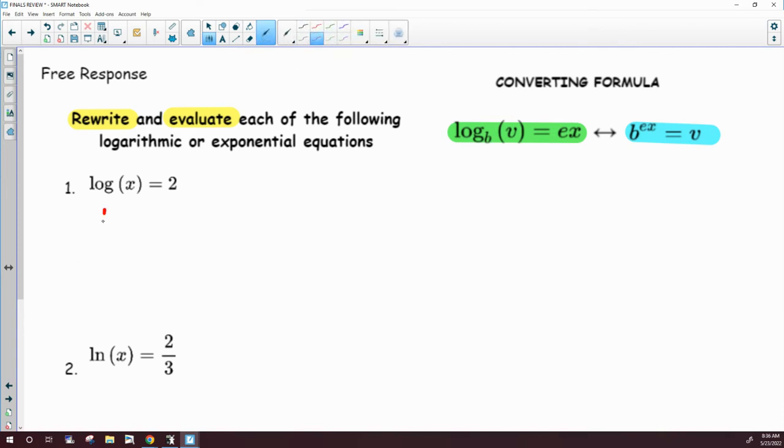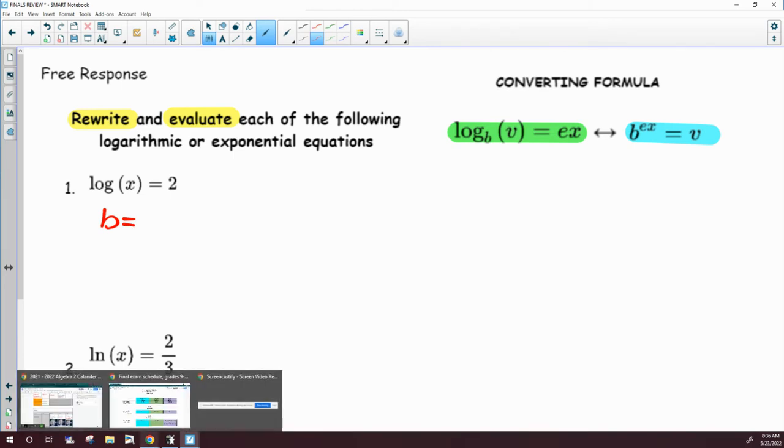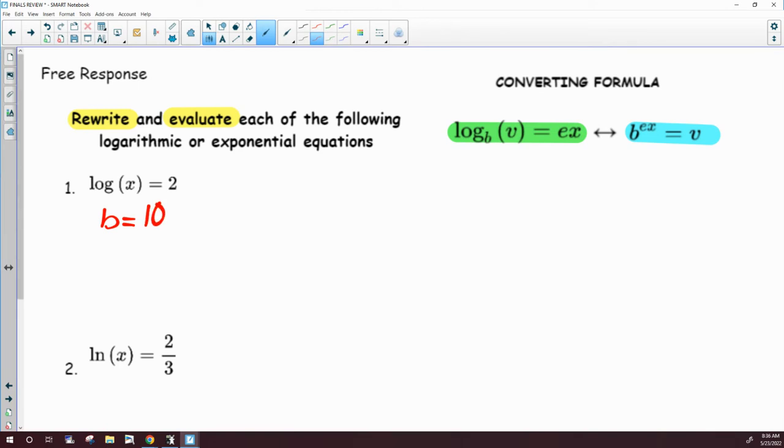In this problem, what is the base of this log? Tricky. What is it? 10, because whenever there's not a number, then it's automatically 10. Our value is x. X is what's inside those parentheses. And our exponent is 2.